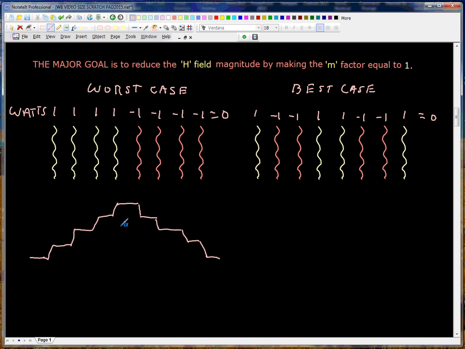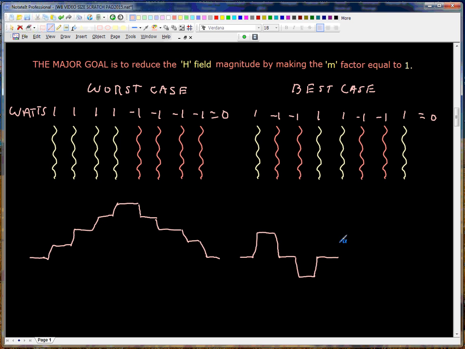Now, before we do anything else with this, let's do it again over here. Horizontal line. We go up 1 unit. Space. We go down 1 unit. Over. Down 1 unit again. Over. Up 1 unit.